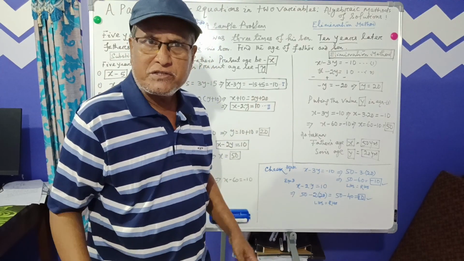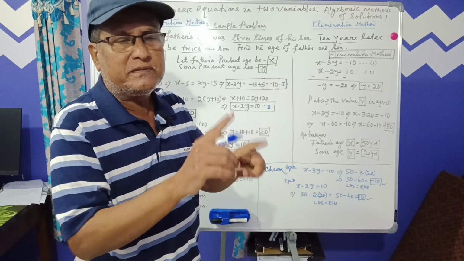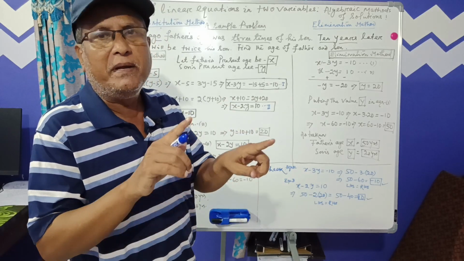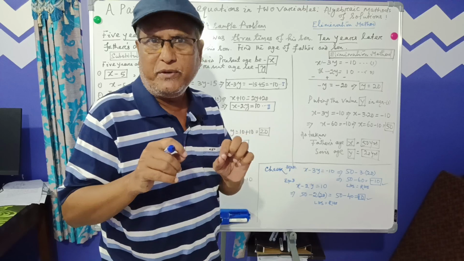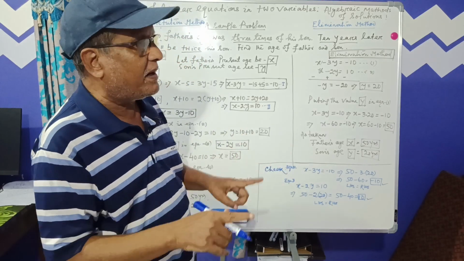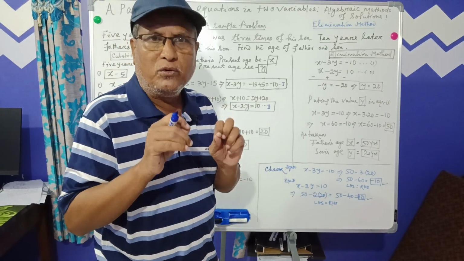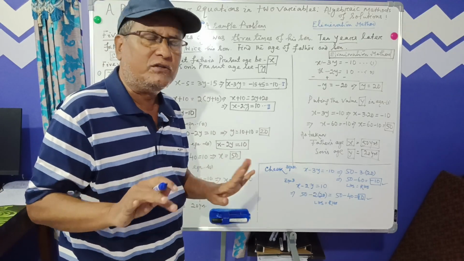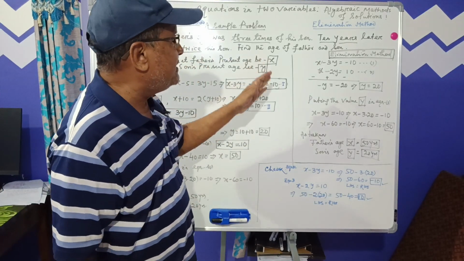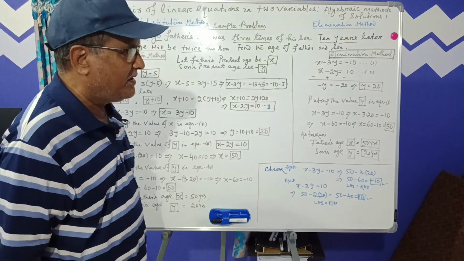The two straight lines may be intersecting, having a unique solution, may be parallel, no solution, or may be coincident, infinitely many solutions. We have already discussed this in our previous class.